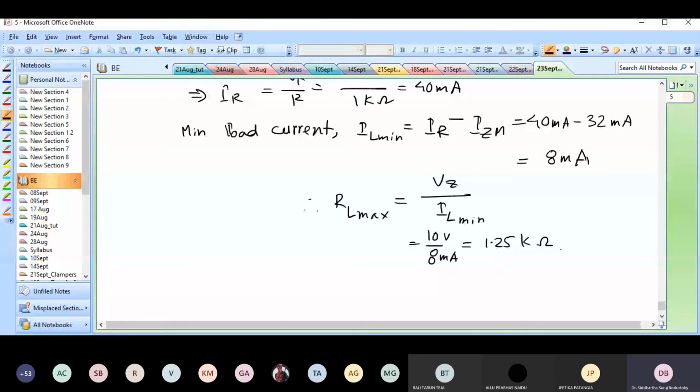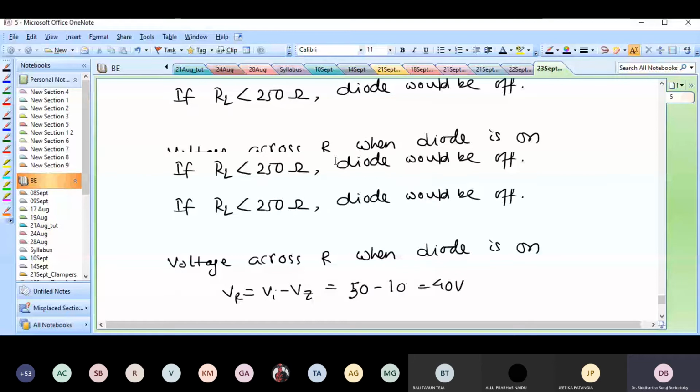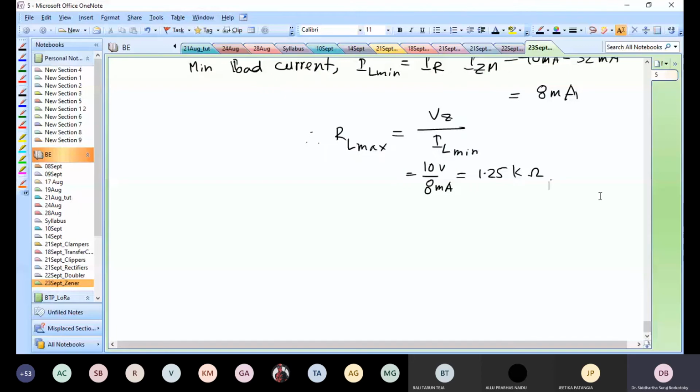So we have found out that the minimum value of load resistance you want to use is 250 ohms. The maximum you want to use is 1.25 kilo ohms. When you are designing this circuit, you are going to tell your customer to use this particular range of load resistances.